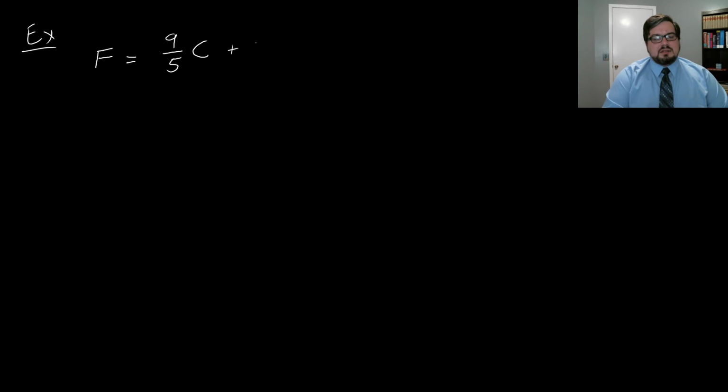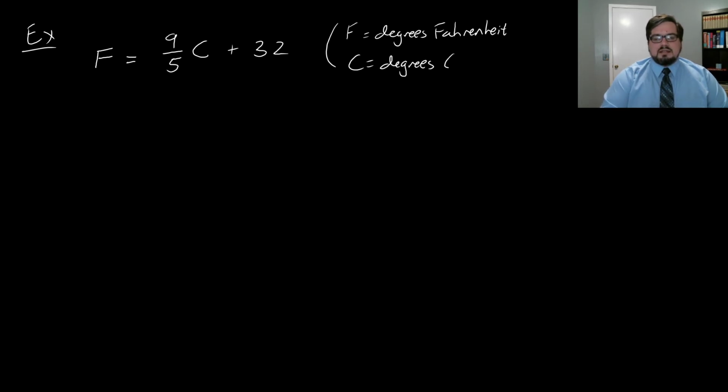You may be familiar with the conversion between Fahrenheit and Celsius, the two ways we have of measuring temperature. And so you may be familiar with the formula that the degrees Fahrenheit is equal to 9/5 times the degrees Celsius plus 32. So here F equals degrees Fahrenheit, and C equals the degrees Celsius.